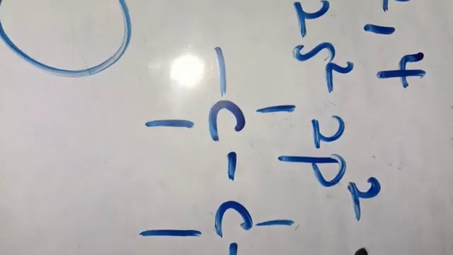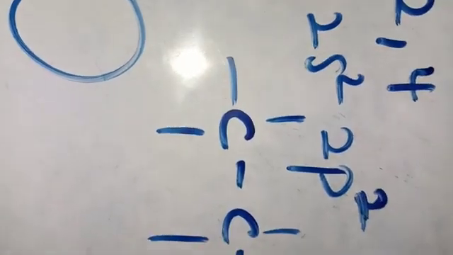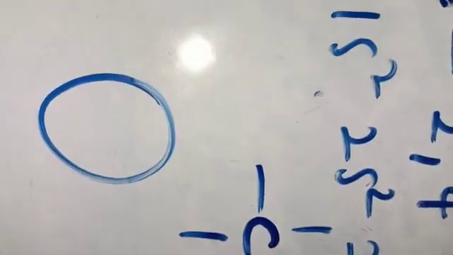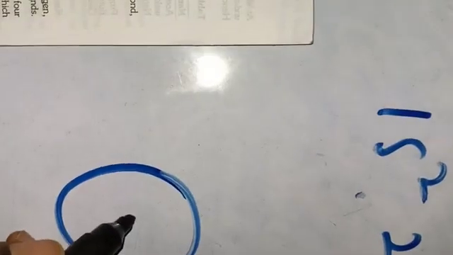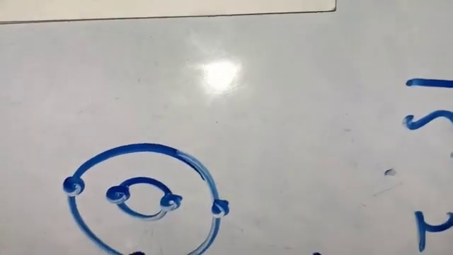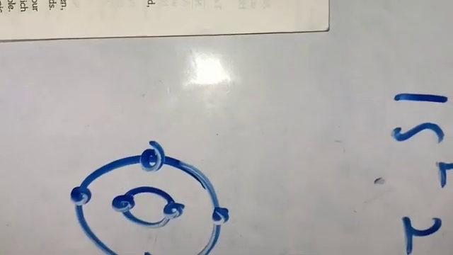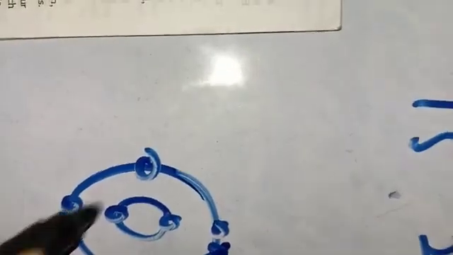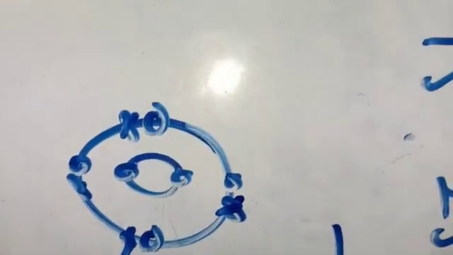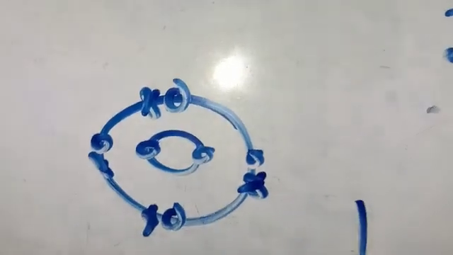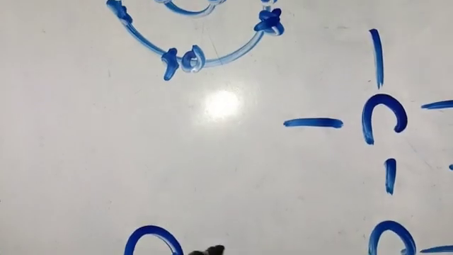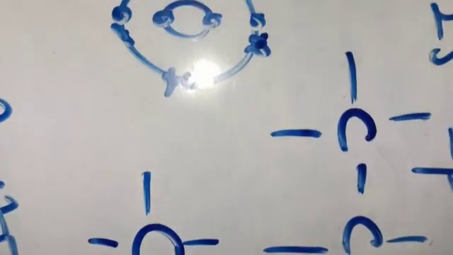From 2p2, it needs 4 electrons to complete the 2p orbital, 1, 2, 3, 4. So for carbon to complete its octet structure, you need 4 hydrogens to surround it.